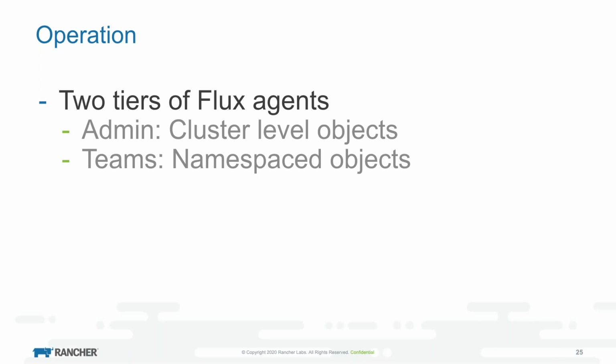So team A comes to you and says, we're doing an app, we need these resources and these three namespaces. You can set up a Flux agent that will do that for them, and you tell that Flux agent to point to wherever the repository is, and then they can do what they need to do, but you still have within your control the pod security policies, the gatekeeper policies, the resource limits.